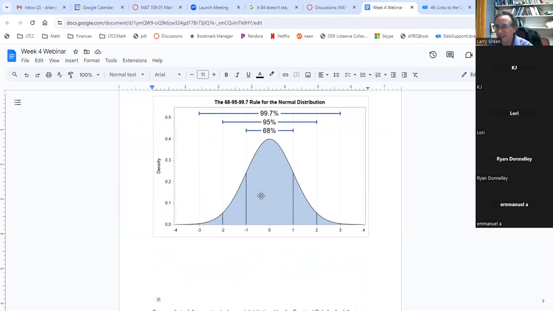Remember? Centiles, no. It's the empirical rule. Do you remember that happening once? Yeah, the empirical rule. So notice that 68% of the data fall within one standard deviation of the mean. 95% fall within 2 standard deviations, and 99.7% fall within 3 standard deviations.